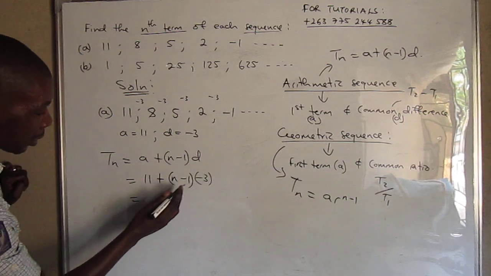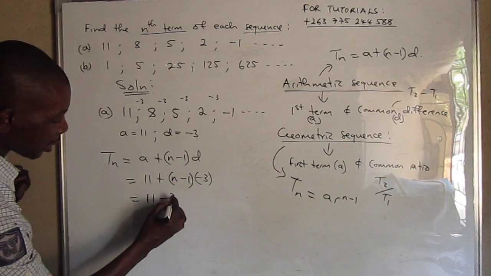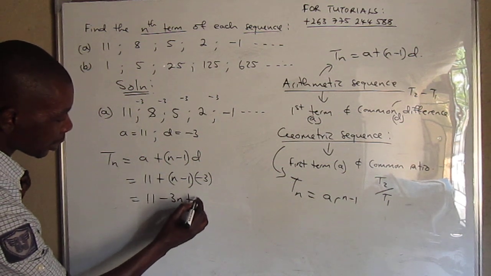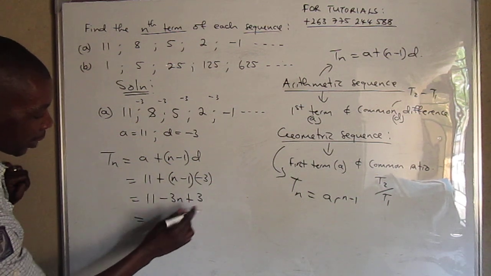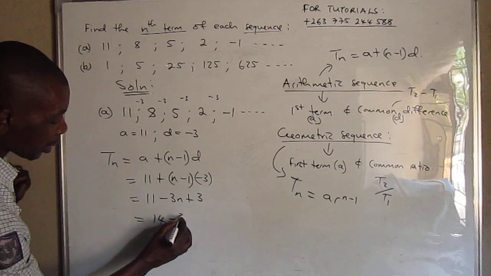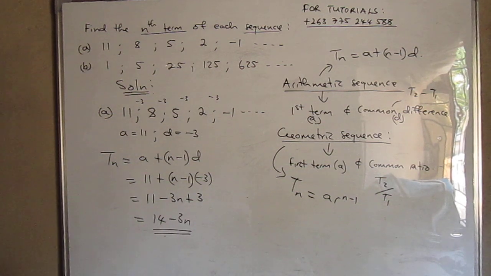So we simplify this bracket: we have 11, negative times positive is minus 3n, and negative 3 times negative 1 is positive 3. Then we have 11 plus 3, which is 14 minus 3n. So this is the nth term for part A.